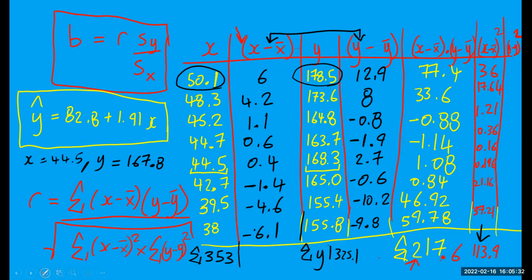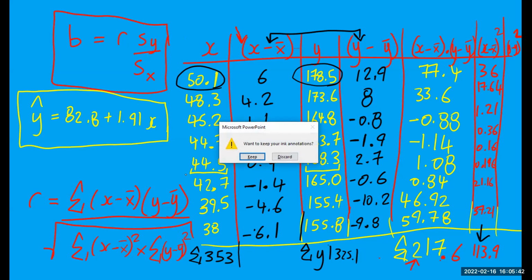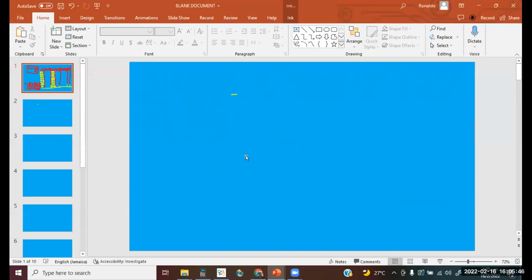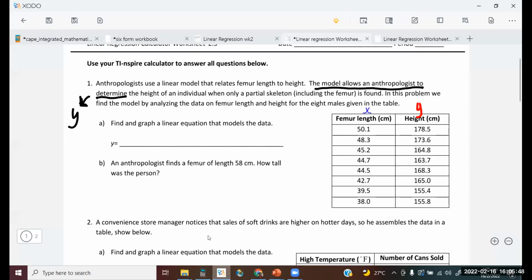So that's the line of best fit we get. Scatter plots are really nice: the points are all over the place, and we get our best fit using those three formulas we must remember. So y is equal to 82.8 plus 1.91x.